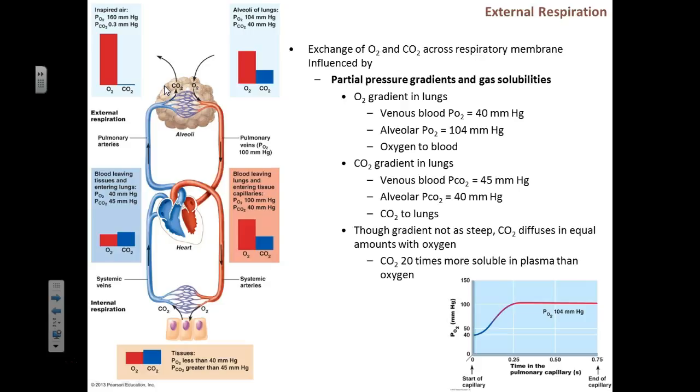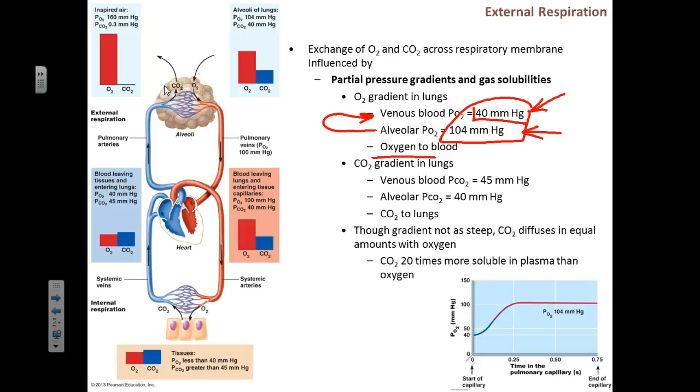So external respiration is pretty simple. These are the concentrations of CO2 and oxygen in the vein and oxygen in the alveoli. So obviously, oxygen will go from alveoli to the blood in the capillaries. Does that make sense? So this is the concentration in the oxygen-poor blood.